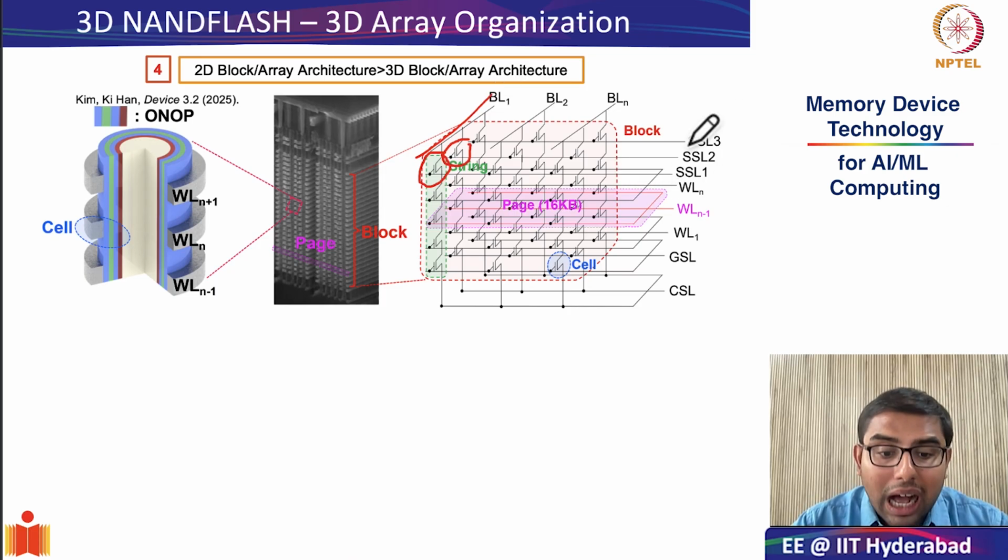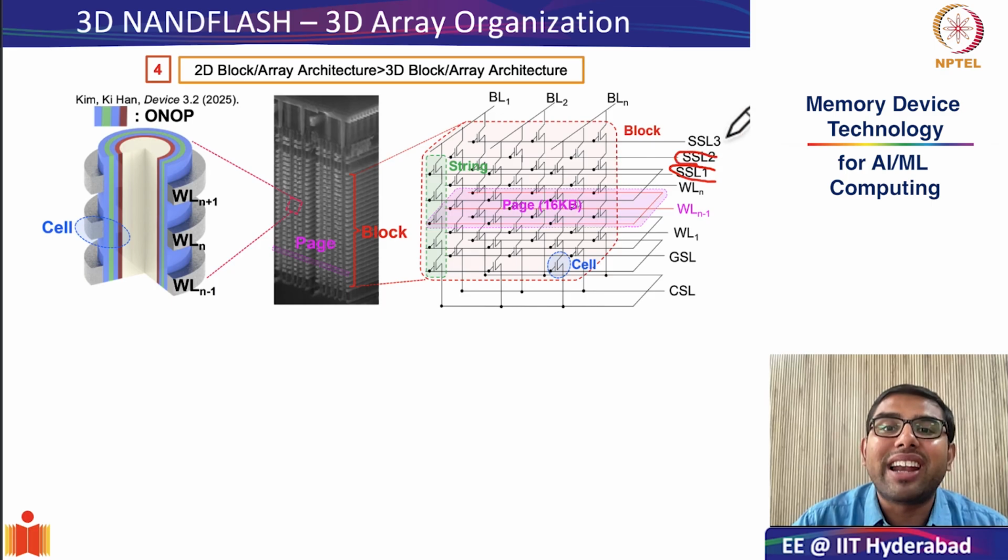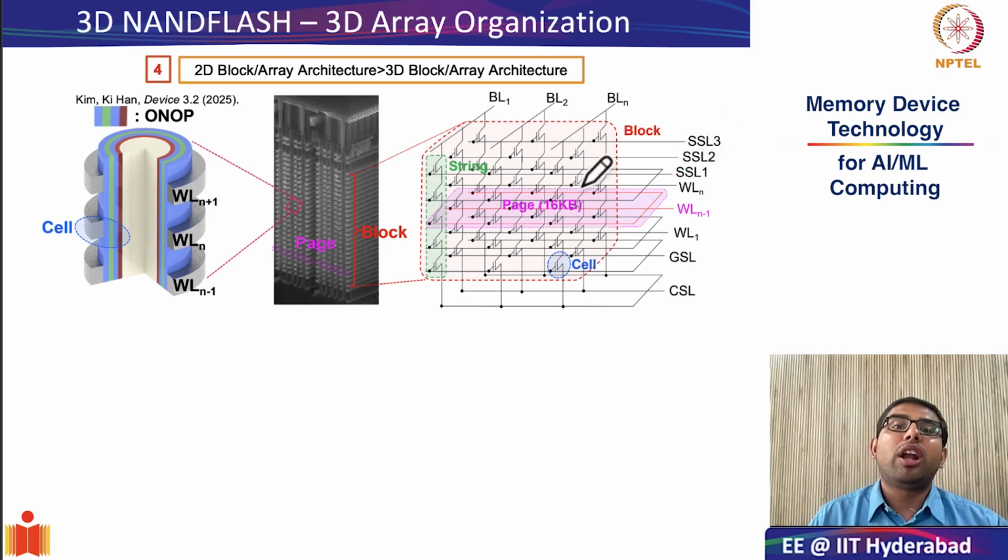So how are you ensuring that unique data is stored? This is done because they are in fact differentiated by different select lines. So by selecting different select lines, you can take a combination of separate string and separate page. Therefore, as you can see, data is stored in a truly three-dimensional fashion.